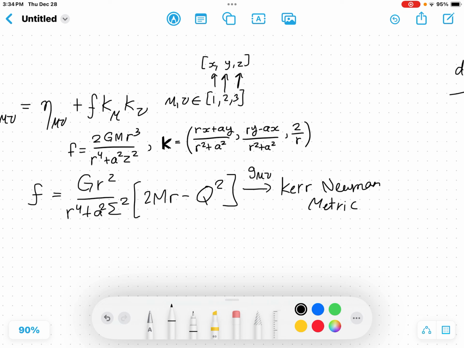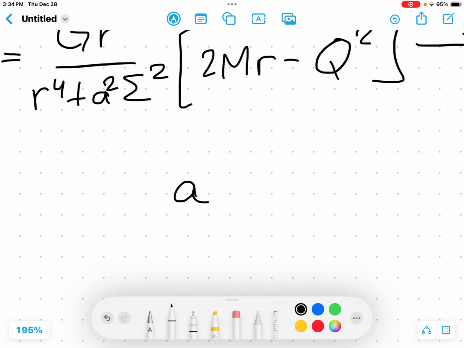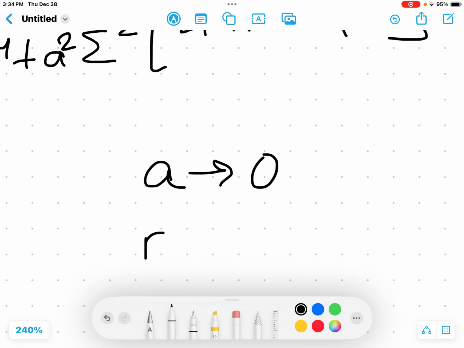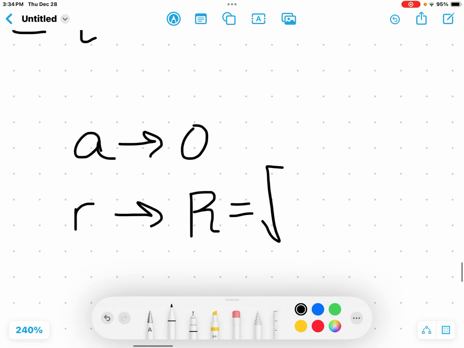And I don't know if I stated this, but these are related by oblate spheroid coordinates, of course. So in the limit when a approaches 0, my r actually approaches the real radius of my world sphere.